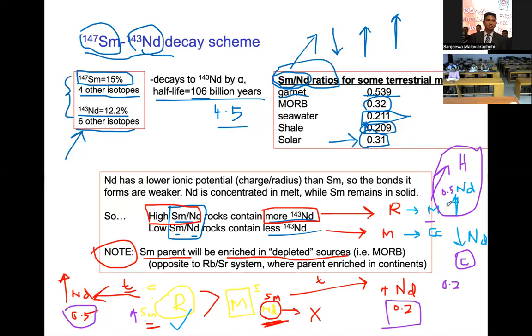So the residue is the mantle, and the melt is the continental crust. So the melt has low neodymium isotopic values, and the residue has high neodymium isotopic values. This is just a number, right?